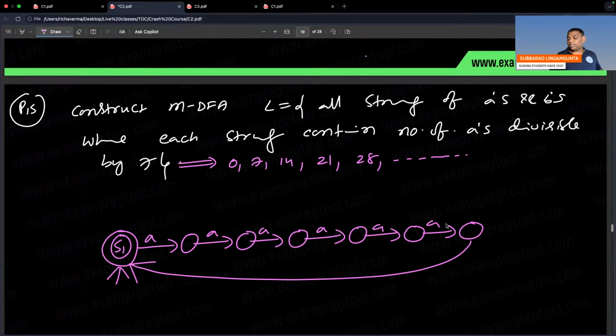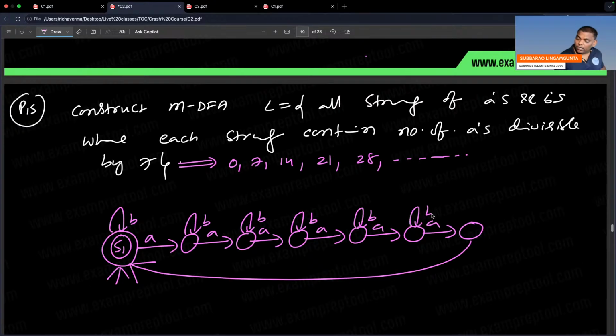After 7, next 14 accepted, 21 accepted, 28 accepted. Some people are asking, what about B's? B's may come, may not come. You can keep simply loop everywhere because of DFA. In every state, you have to cover it. So S1, S2, S3, S4, S5, S6, S7.